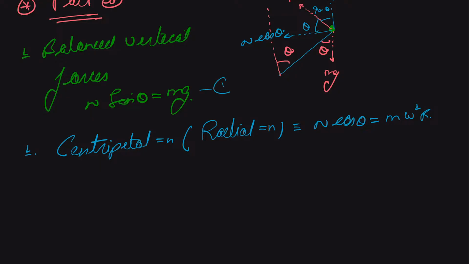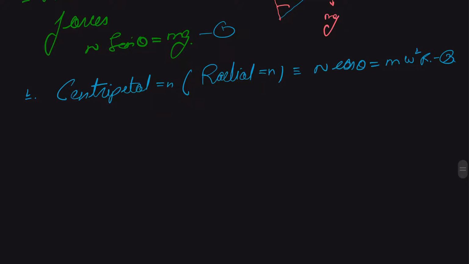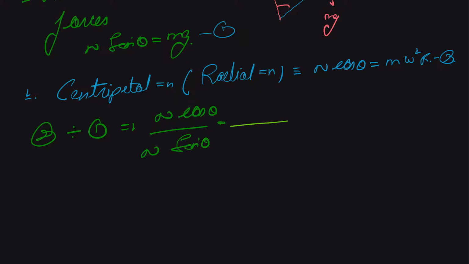Let us call these equation number 1 and equation number 2, and we simply divide them. The second divided by the first gives n cos of theta divided by n sine of theta equal to m omega square r divided by mg.